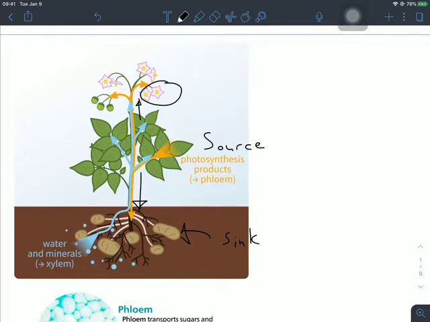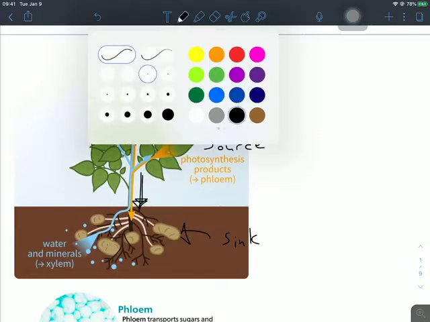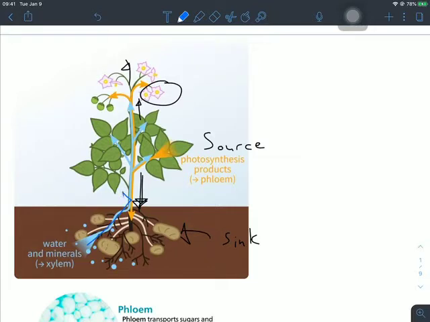And at the same time that sugar is being trafficked either towards the SAM or towards the RAM, you've got water and minerals traveling unidirectionally up the plant.